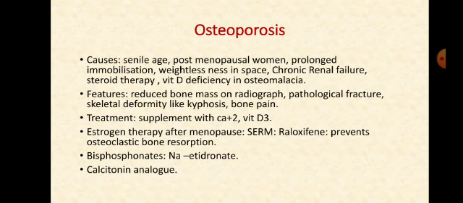Now different reasons may be there for osteoporosis. First of all, senile age. With prolonged age, after 40, bone density starts to reduce gradually in every person, but it is most prominent in women. In postmenopausal women, the chance of osteoporosis is much more because there is deficiency of estrogen.